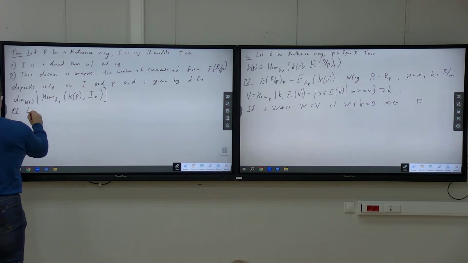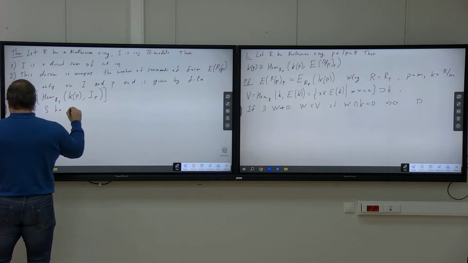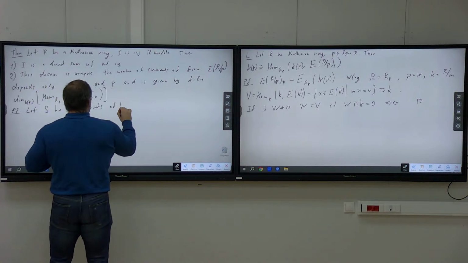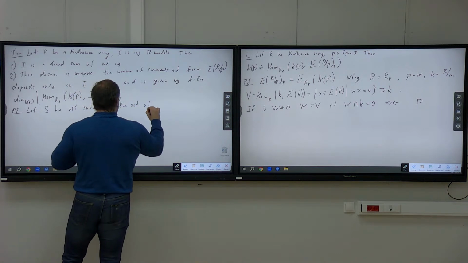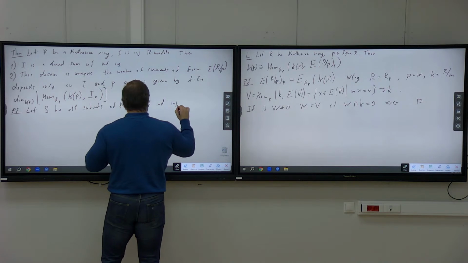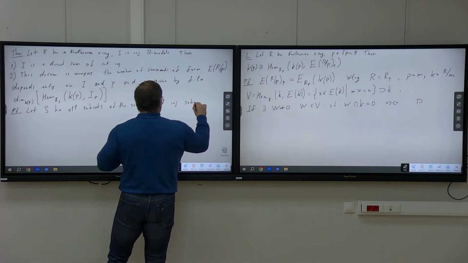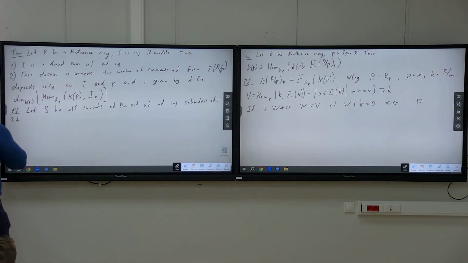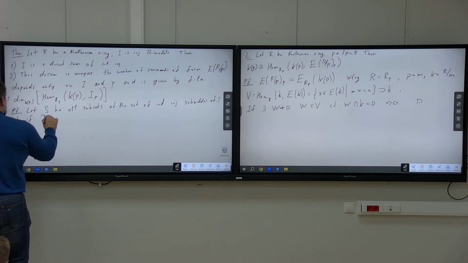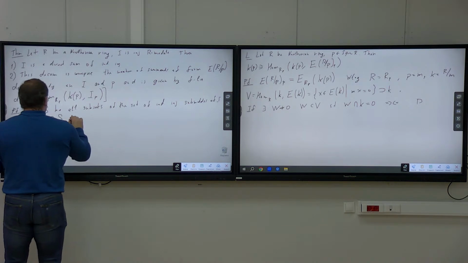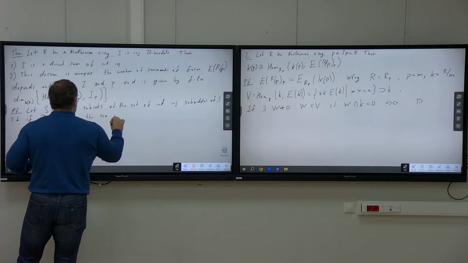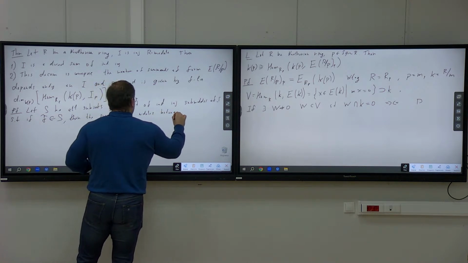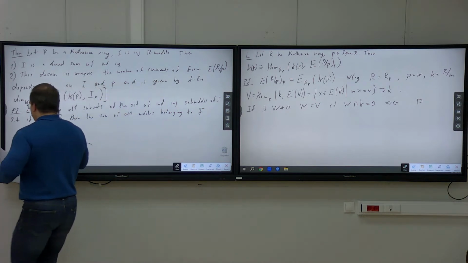Let S be the set of all subsets of the set of indecomposable injective submodules of I, such that if I have a subset F in S, then the sum of all modules belonging to F is direct.